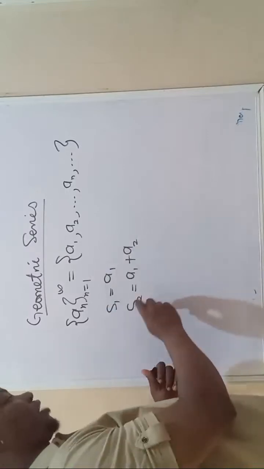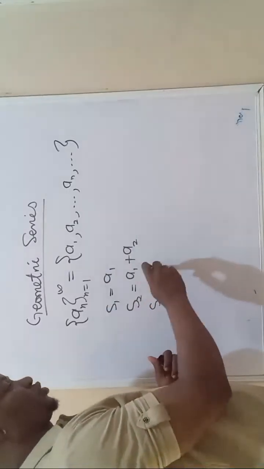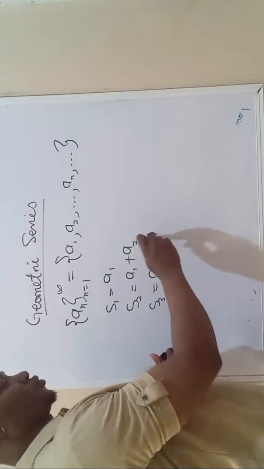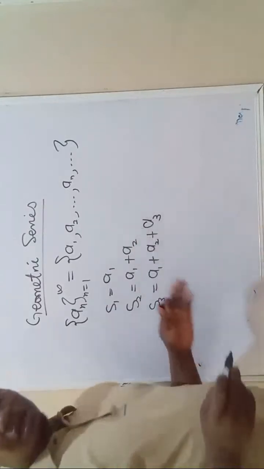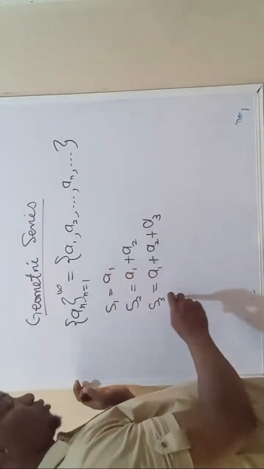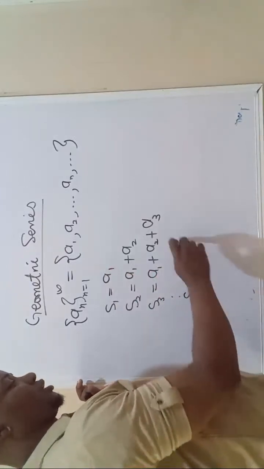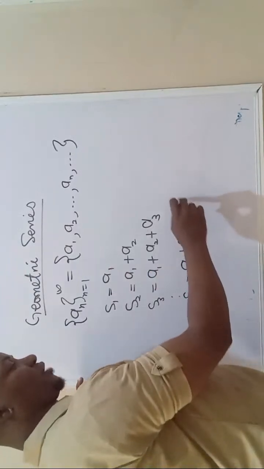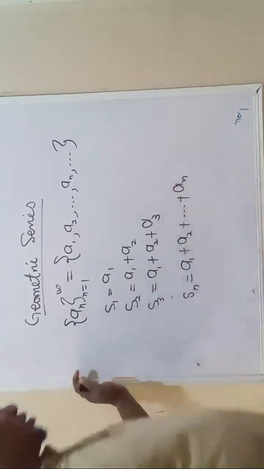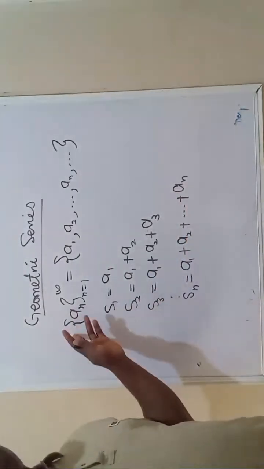Here we can also have S3, which means a1 plus a2 up to a3, and we can do so up to Sn. This Sn in this case is referred to as the n-th partial sum of the sequence.